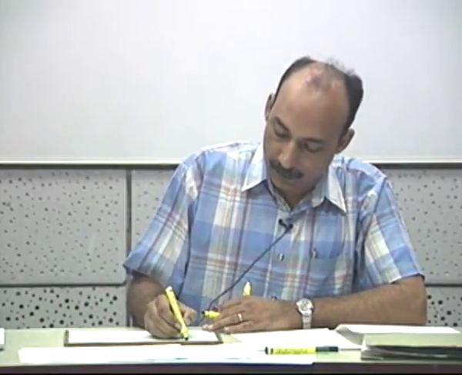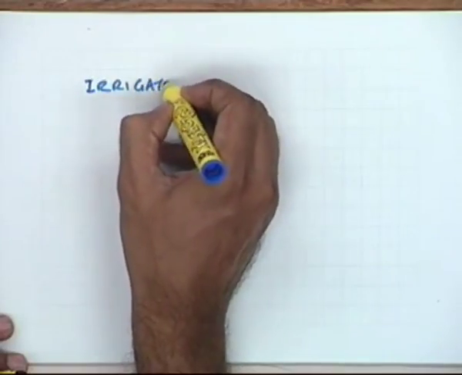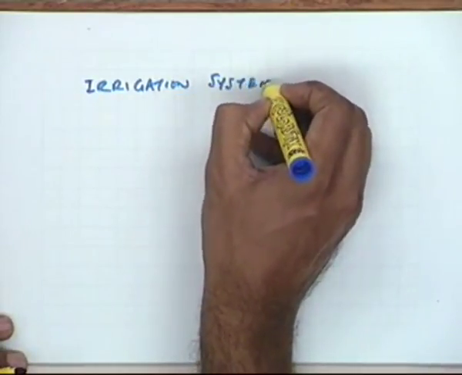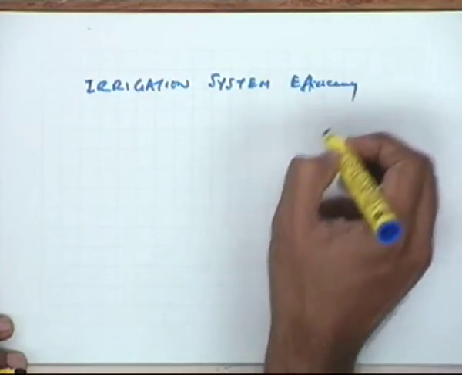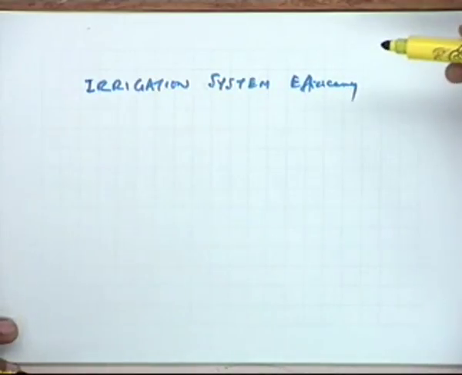You also sometimes want to know the irrigation system efficiency. Irrigation system efficiency is basically the overall efficiency.